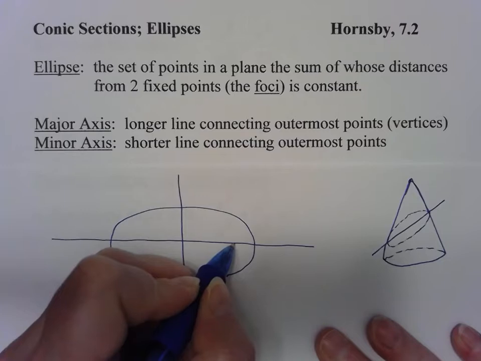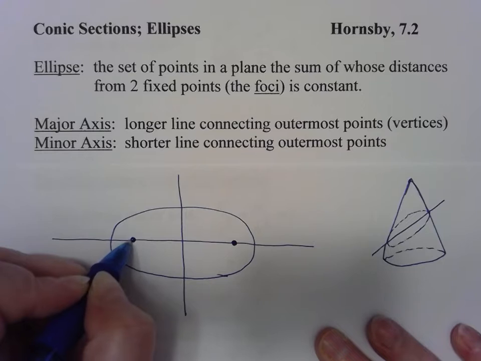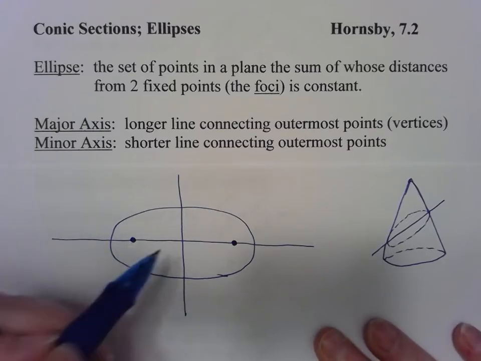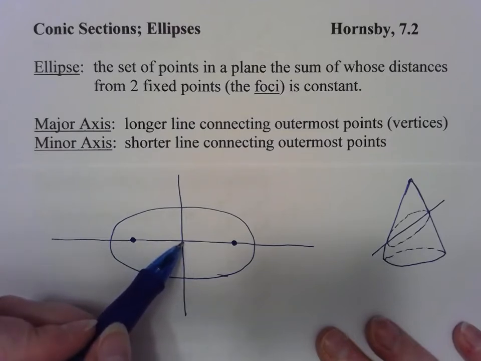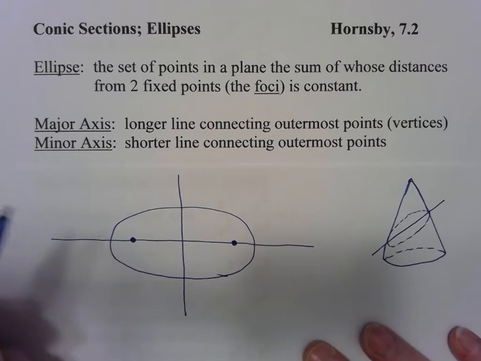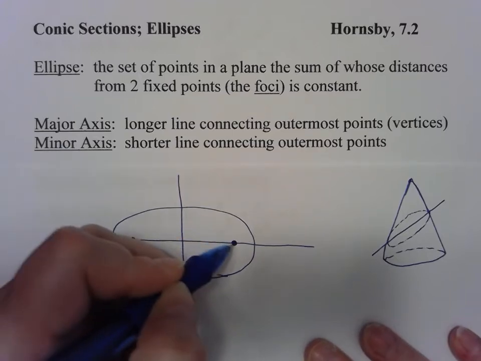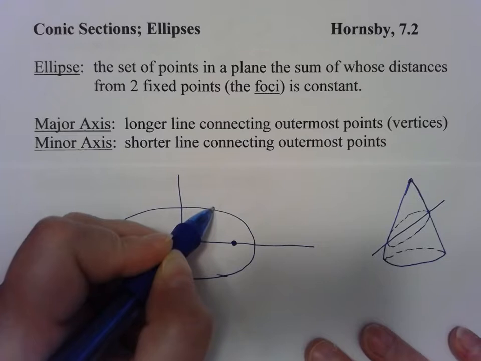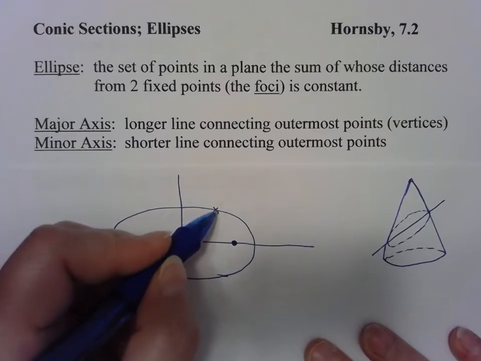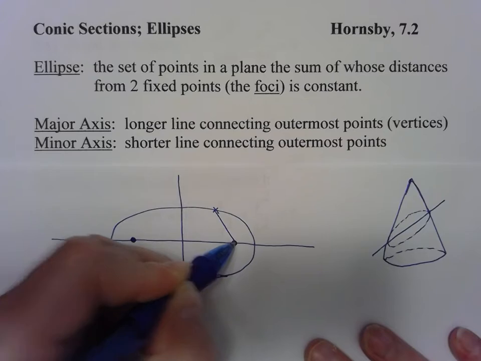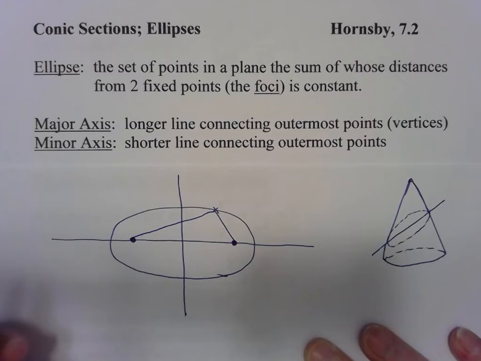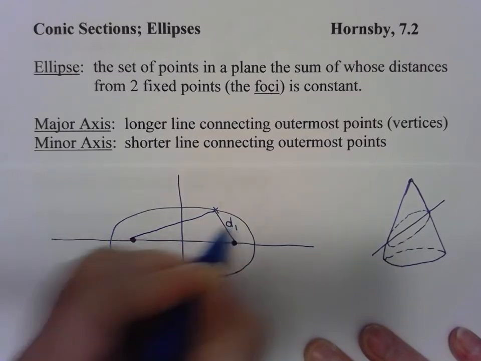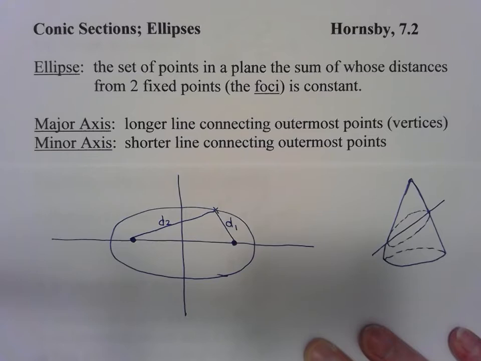So first of all, there are focus points inside the ellipse, one on each side. They're symmetric with the center. Right now we're just going to work on ellipses that are centered at 0, 0. So what this definition says is that if I were to pick any point on the ellipse, I'm just going to pick a point right here, and measure the distance from that point to one focus point and to the other focus point, let's call this distance 1 and let's call this distance 2.